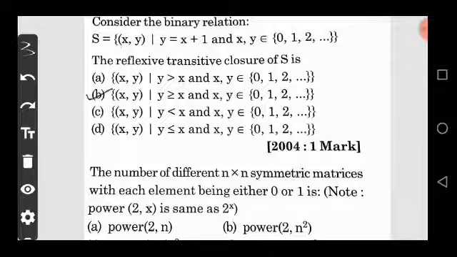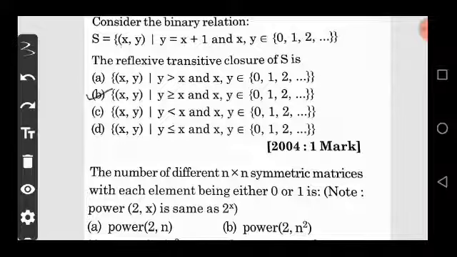The reflexive transitive closure of S is: option A, (x, y) such that y is greater than x; option B, (x, y) such that y is greater than or equal to x and (x, y) belongs to 1, 2, 3 and so on; option C, (x, y) such that y is less than x, with (x, y) belonging to 0, 1, 2, 3; and option D, (x, y) such that y is less than or equal to x, with (x, y) also belonging to the set 0, 1, 2, 3.